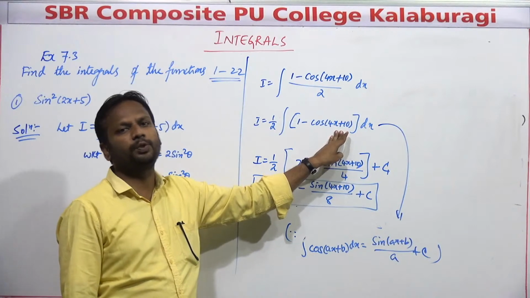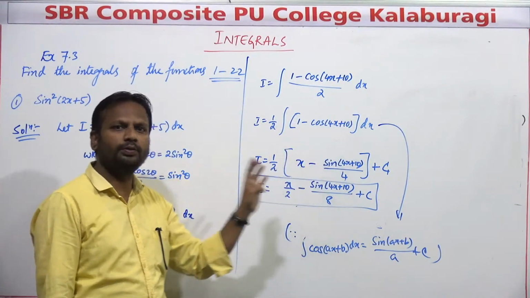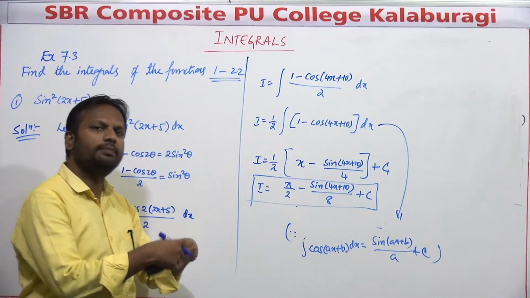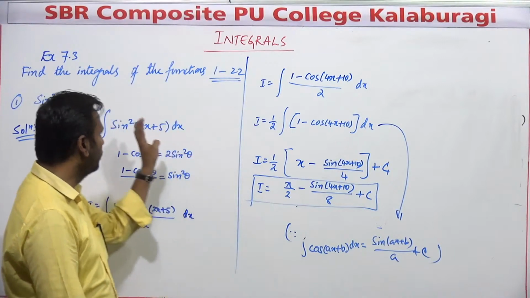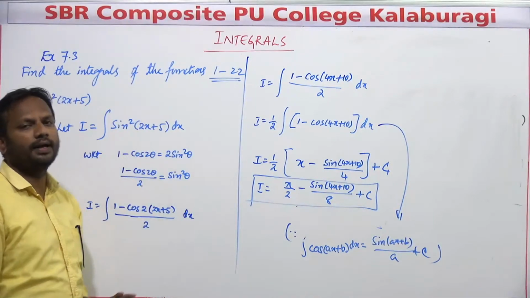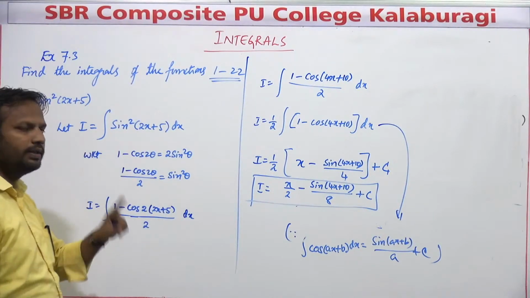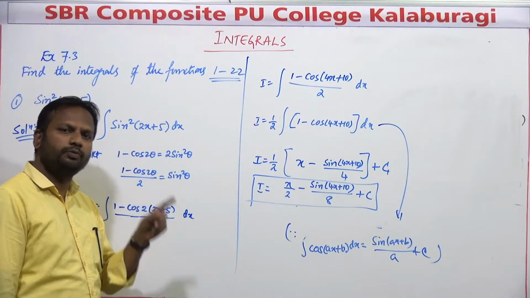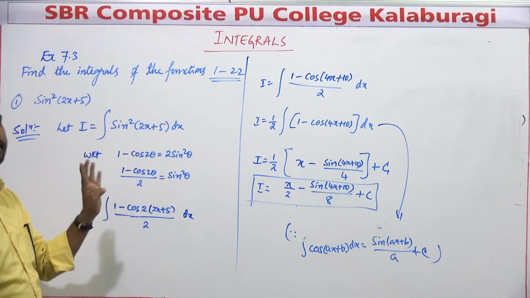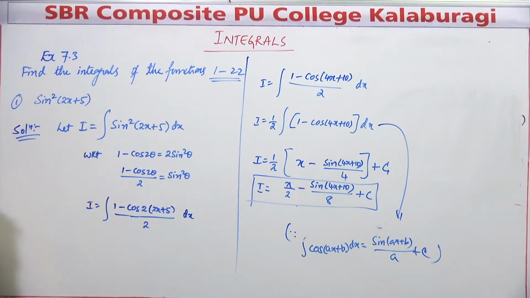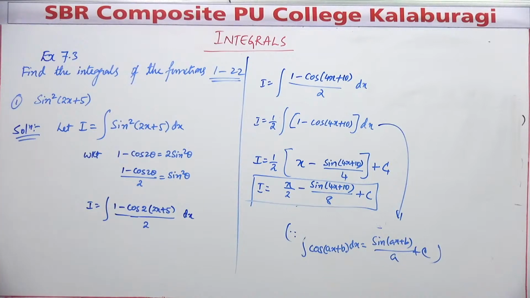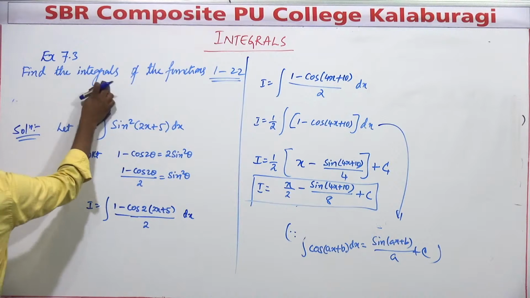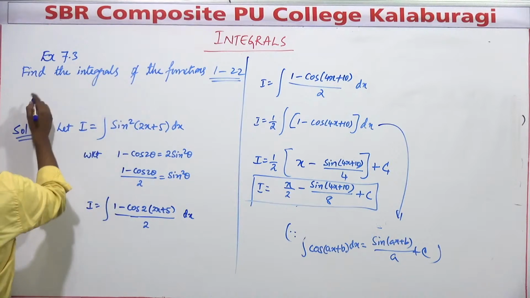There again you have to substitute. I told you these third exercise problems can be converted into second exercise and first exercise problems, based on the integrands. But in all the third exercise problems, we compulsorily use trigonometric identities. Only thing, you have to practice it. Let us go with the second problem here.